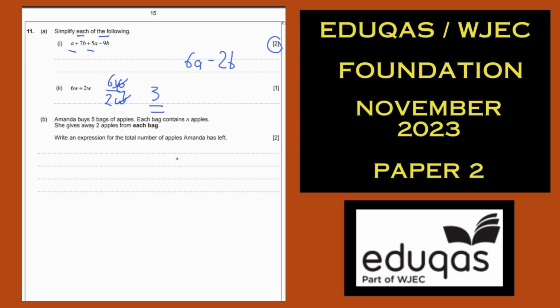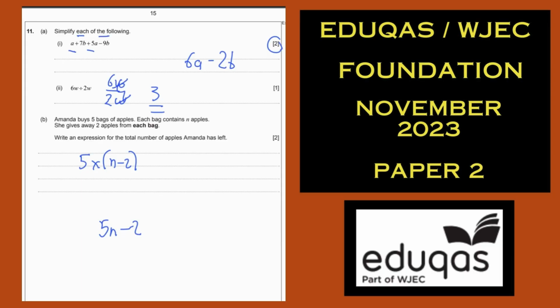Amanda buys 5 bags of apples. Each bag contains N apples, but she gives 2 away from each bag. There you go. It's easy to think the answer is that. I'm afraid not.